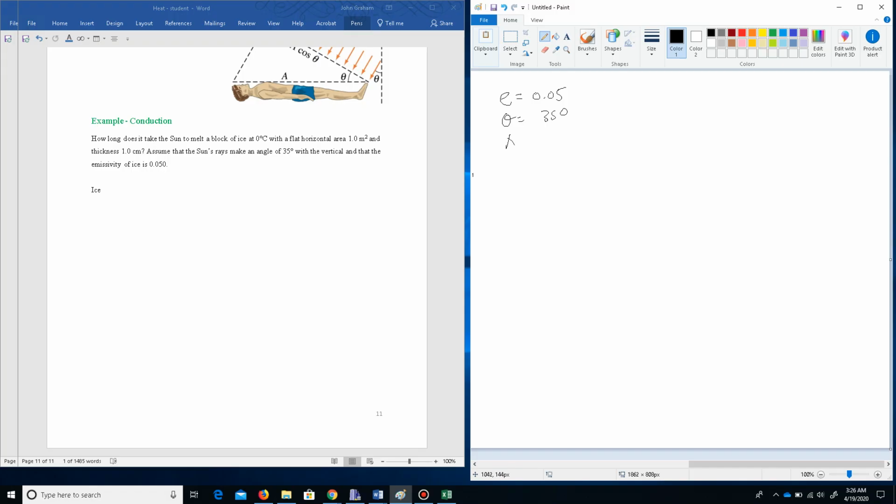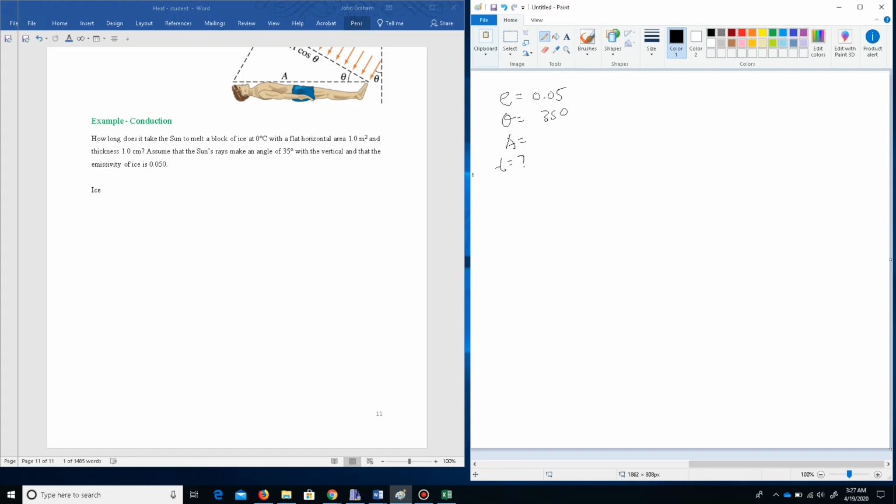The area we're looking at, since we don't have a, hold on a second, let me just see how I want to do this. We want to find that time, so that's what we're solving for.